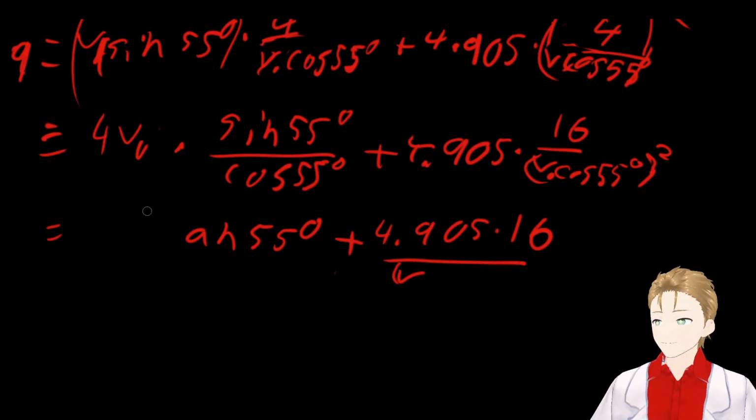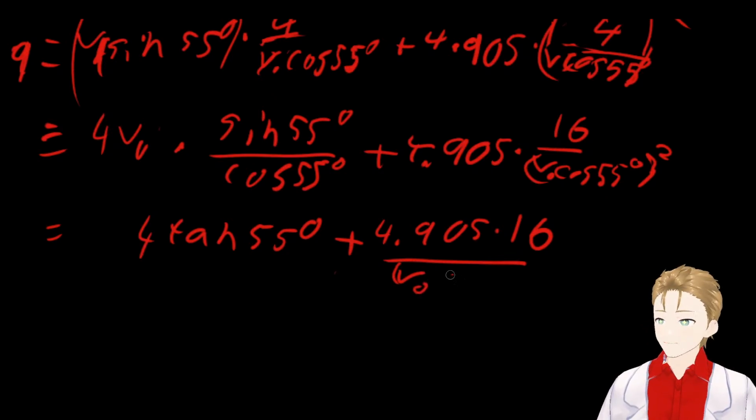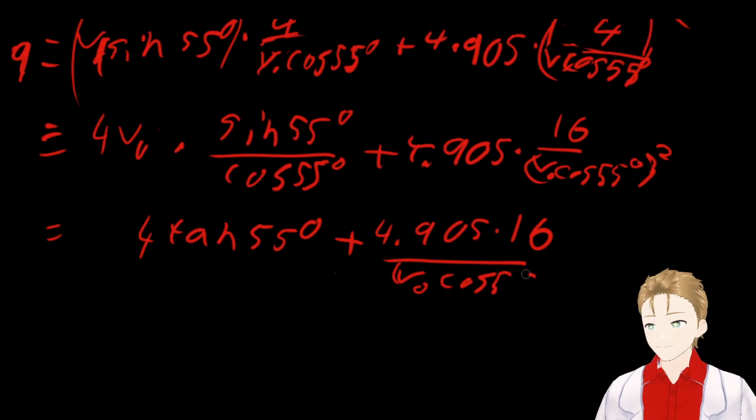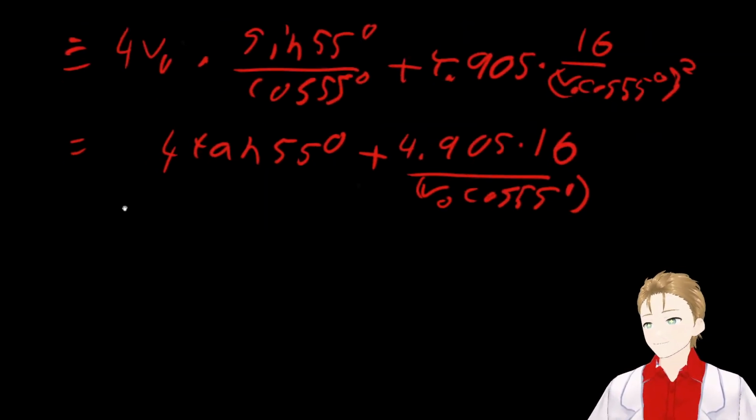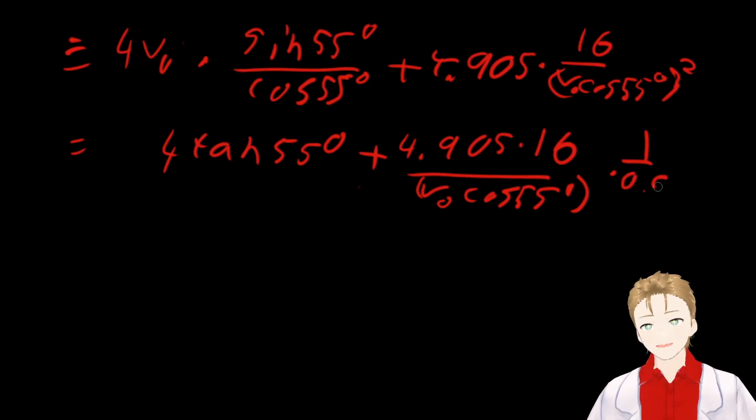So we have only 4.905 over V0 cosine 55 degrees, times 1 over 0.9.